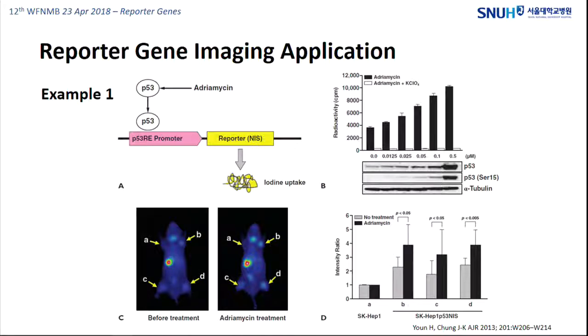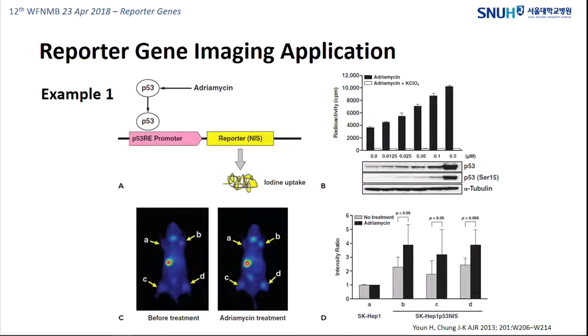Actually, I will introduce a couple of examples that we did before. This is the most basic reporter gene type. It consists of a P53 responsive promoter and the reporter complex. And we use these reporters.